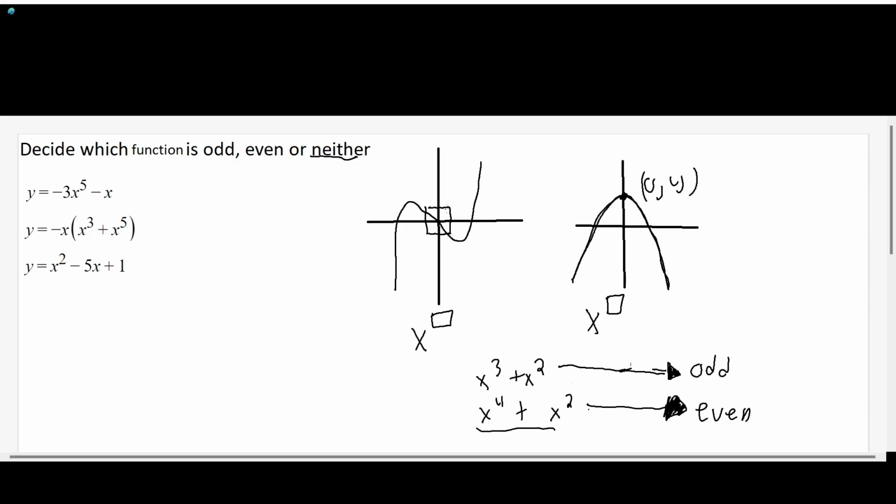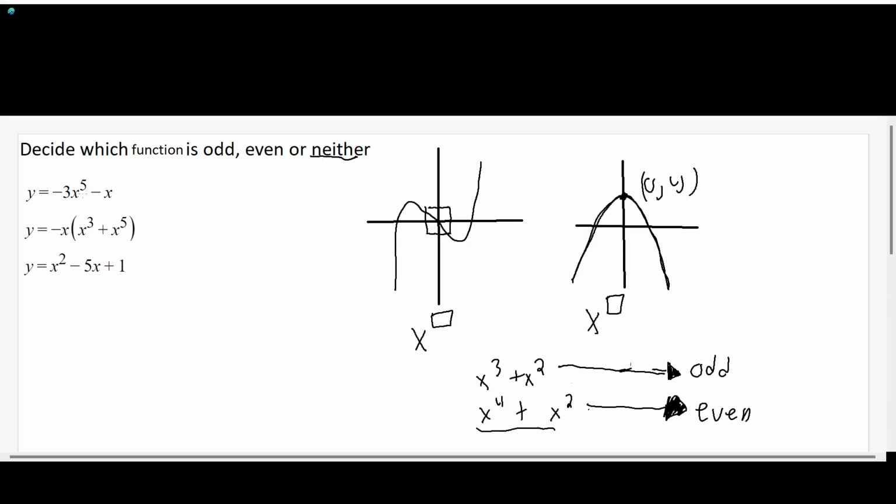This one has to be inversely symmetrical through the origin. So x to the power 3 plus x squared is odd, and x to the power 4 plus x squared is even. So now we can decide which function is odd, even, or neither.